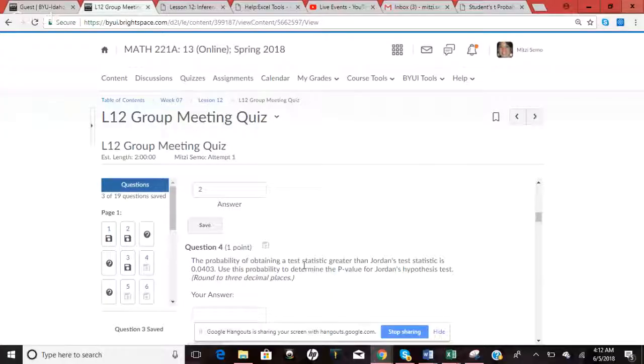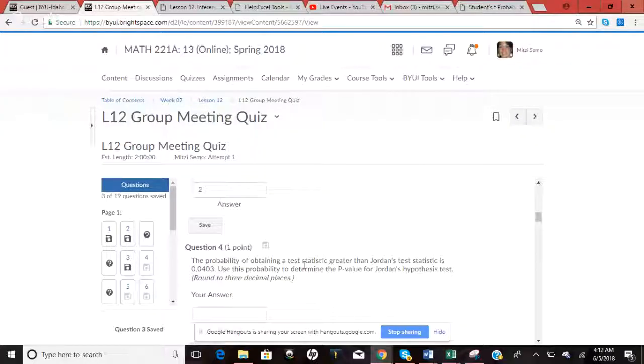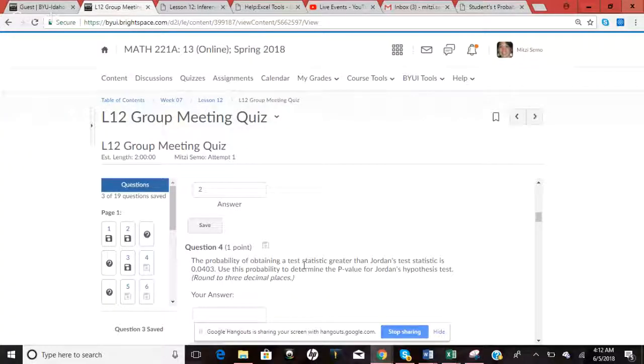Oh, I see. We have to determine the p-value. Oh my gosh, they're making us go through everything. So we manually have to factor in the p-value. Is that what you're doing right now? I don't know what I'm doing.